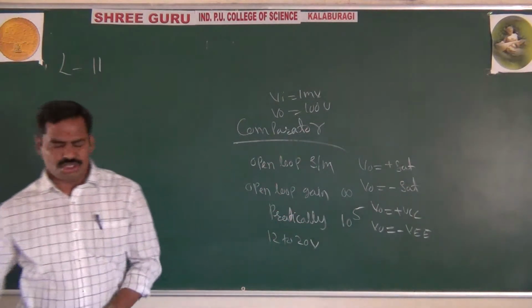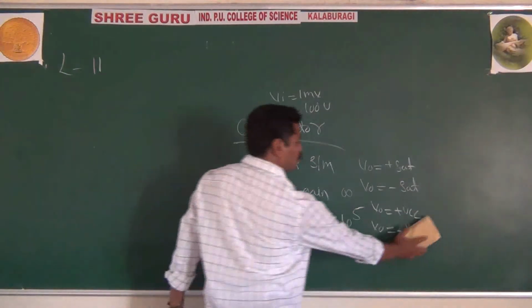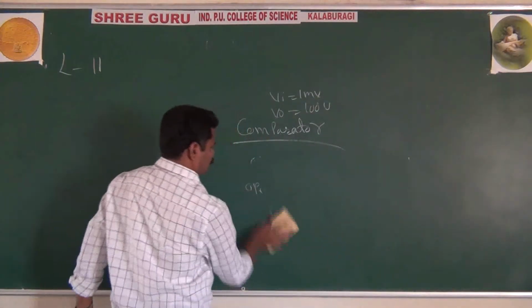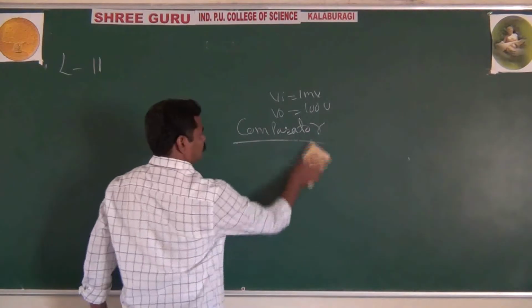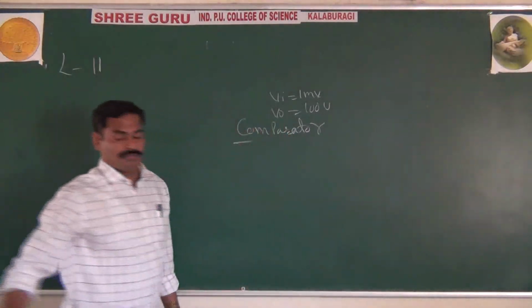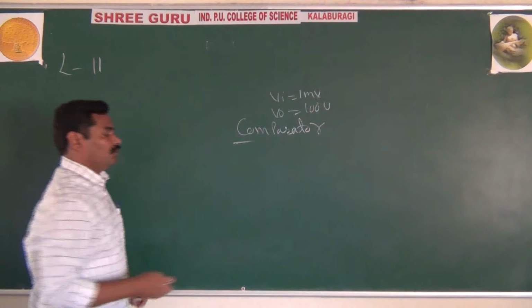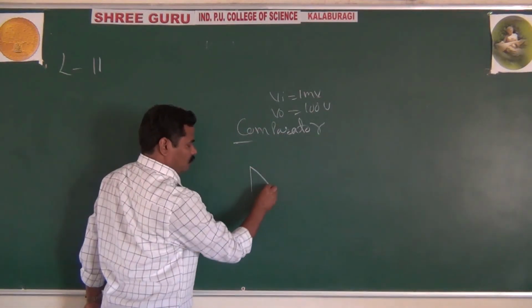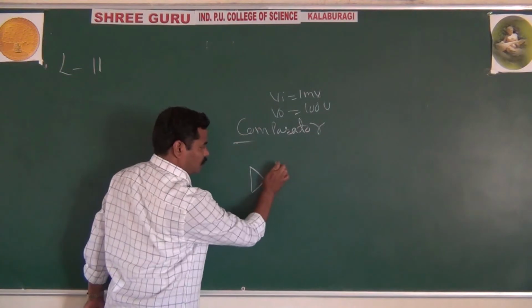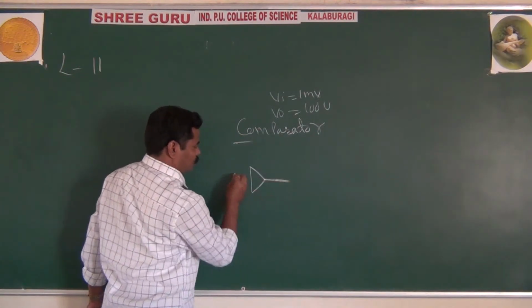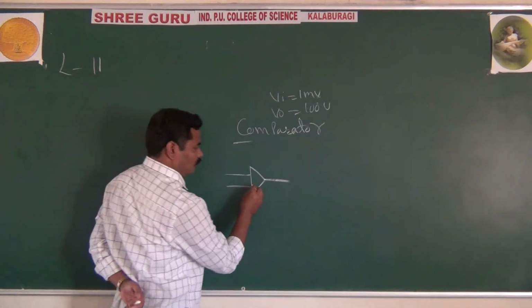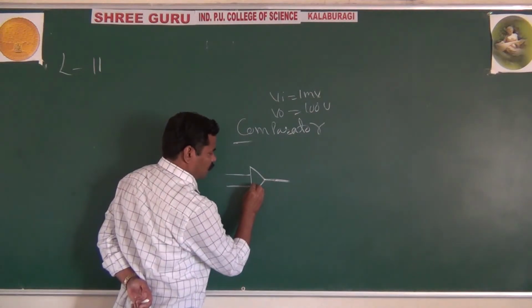And actually the comparator, you see the block diagram of your comparator. In your comparator, it has an open loop configuration and it only has two inputs.